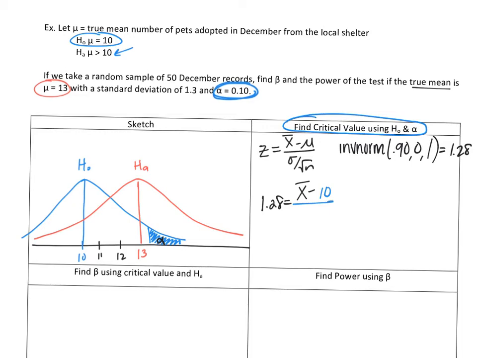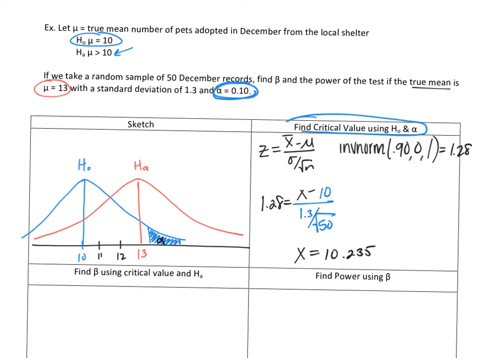And then we're going to switch to the alternate. 10 over 1.3 over the square root of 50. And we get out that x bar is equal to, actually, you know what, this isn't an x bar, this is just an x. Sorry. It won't let me erase that for whatever reason. X is equal to 10.235.